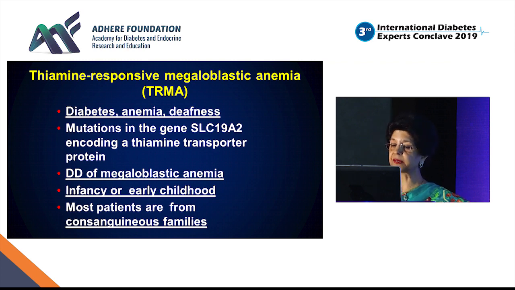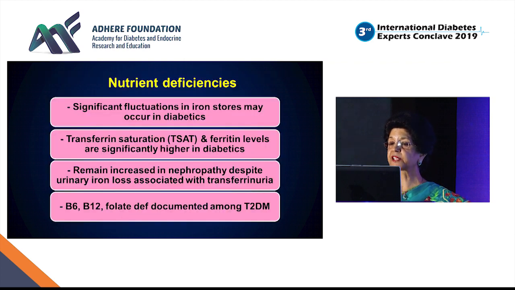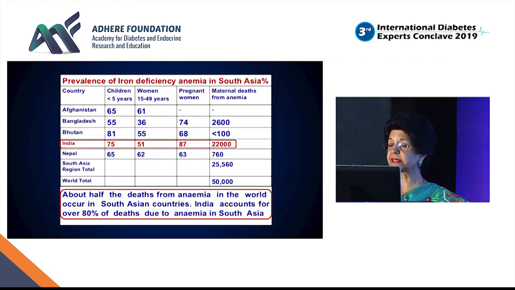It starts from infancy or early childhood, and especially if patients give you a history of consanguinity. As far as nutritional deficiencies are concerned, B6, B12, folate deficiency have also been documented in patients with diabetes. Prevalence of iron deficiency is rampant across South Asia as well as in India.